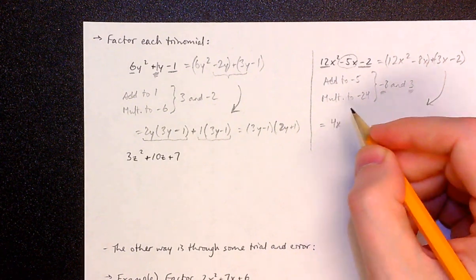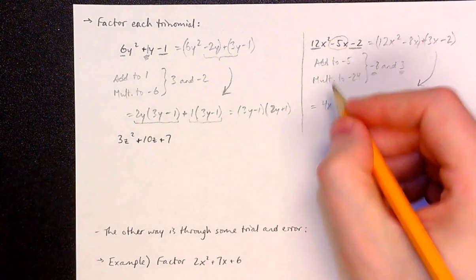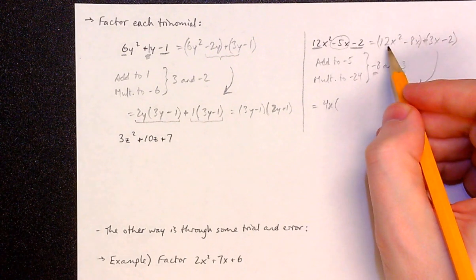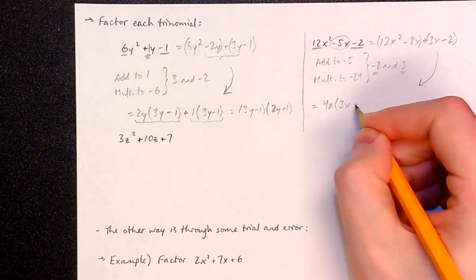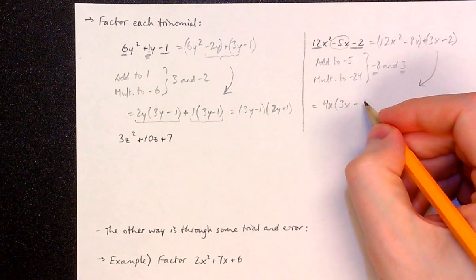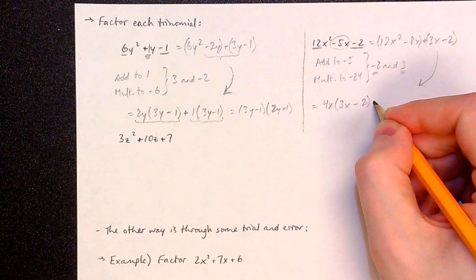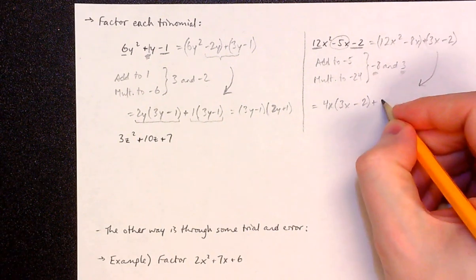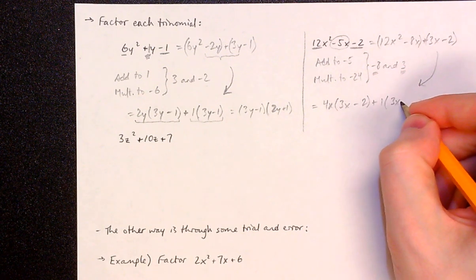It should not be hard to figure that out at this point. And when you divide that GCF out, 12x squared divided by 4x is 3x, and then minus 8x divided by 4x is 2. The GCF of 3x and 2 is 1. And when you divide that thing by 1, you just get that same thing.